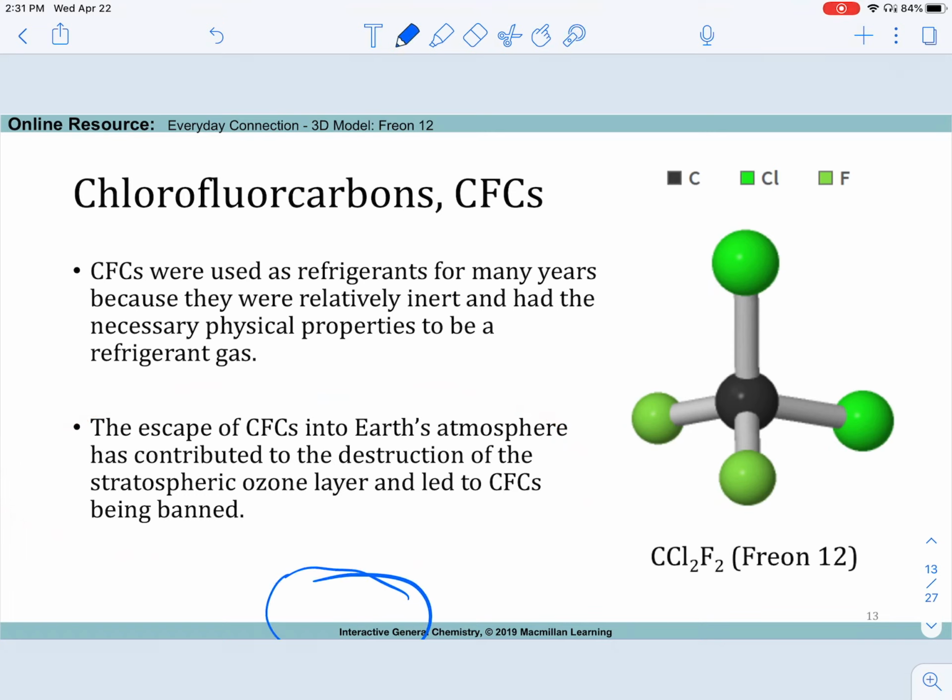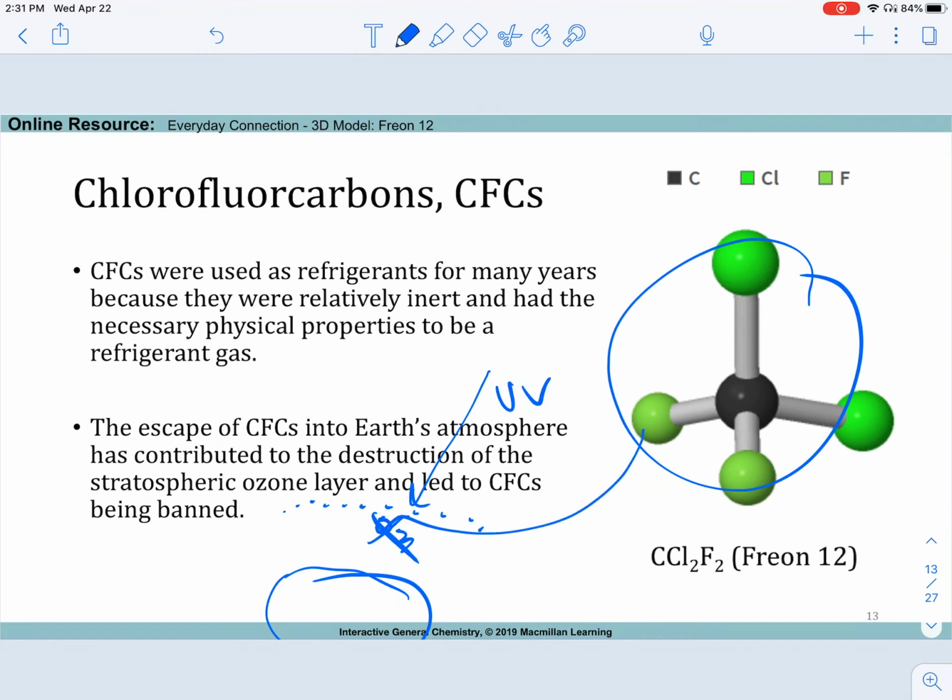Look at that beautiful drawing of Earth. Way up here is O3, and that blocks harmful UV radiation. This compound can come in here and break down the ozone. So we've really tried to steer away from using chlorofluorocarbons, CFCs, over the years. But this was a very common chemical used in many different industries.